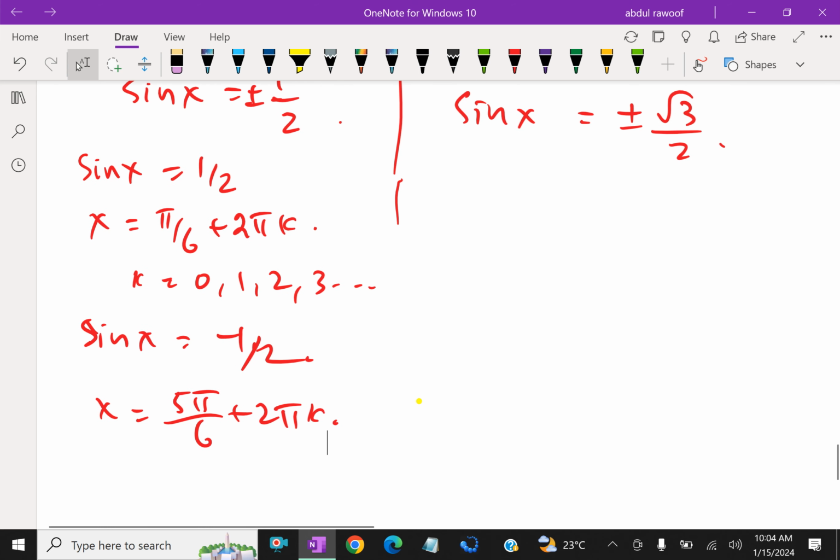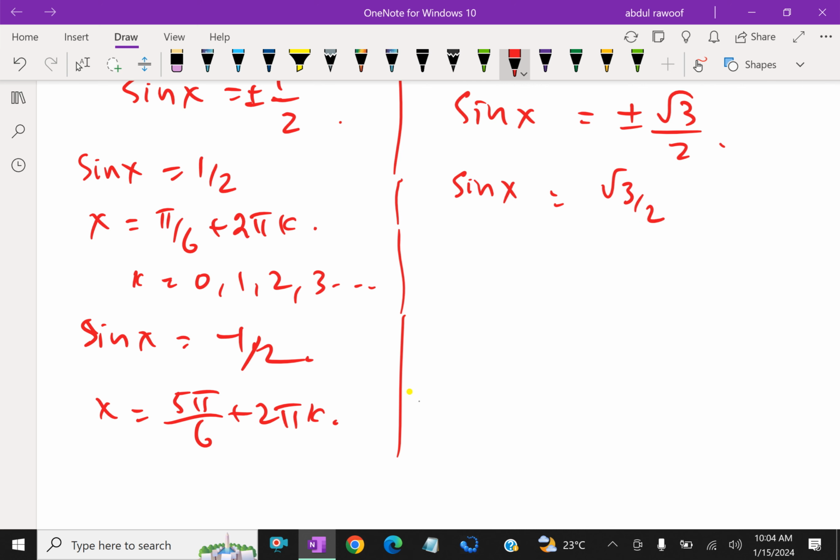Now suppose sin x equal positive root 3 by 2. By solving, x equal, where all angles are in radians, pi by 3 plus 2 pi k, where k equal to 0, 1, 2, 3, 4, 5.